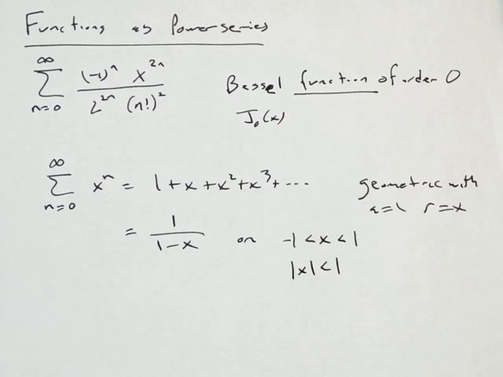Now here is a really interesting idea. Because what I've done is I've said, hey, I've got an infinite series, and between -1 and 1, I know its exact value automatically.